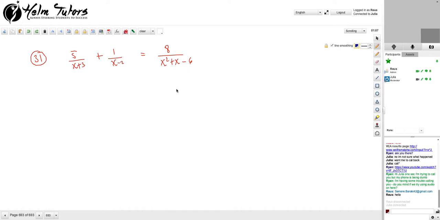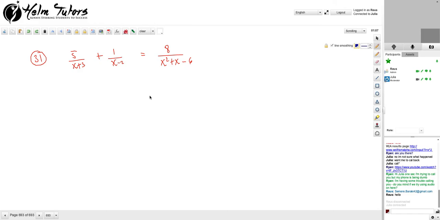I just noticed the least common denominator is x plus 3 times x minus 2, which is the same thing as x squared plus x minus 6. Exactly. Beautiful. That's a great observation. Continue.